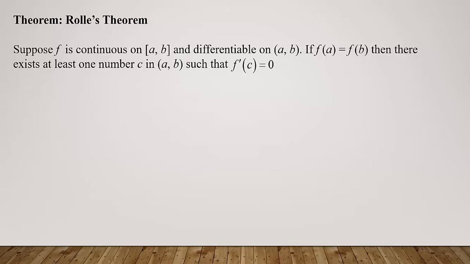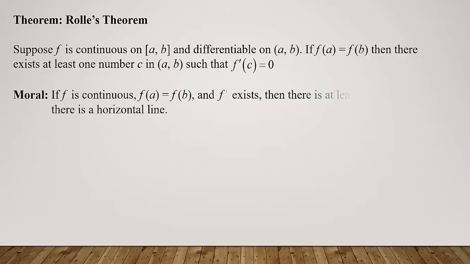So it tells us there's at least one number c where the graph of the function has a horizontal tangent line. And that's the moral that I have here.